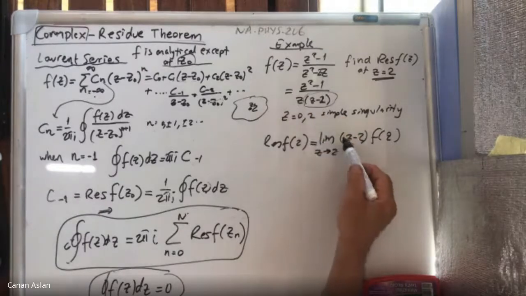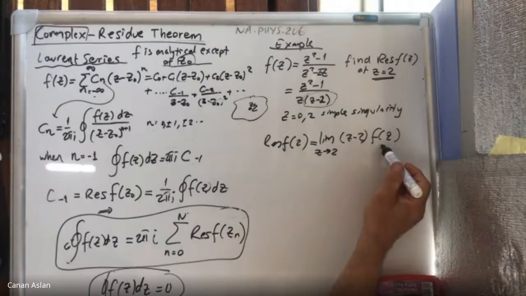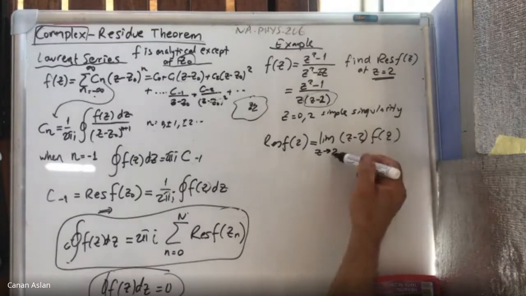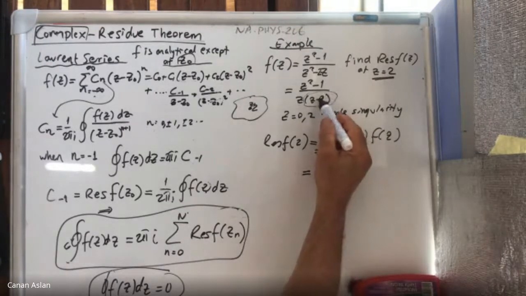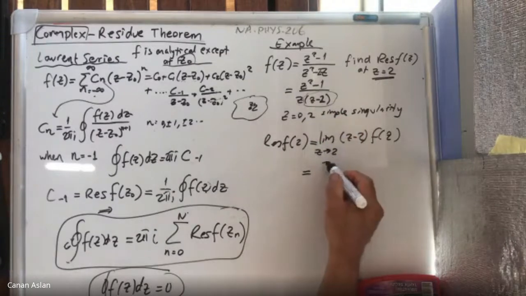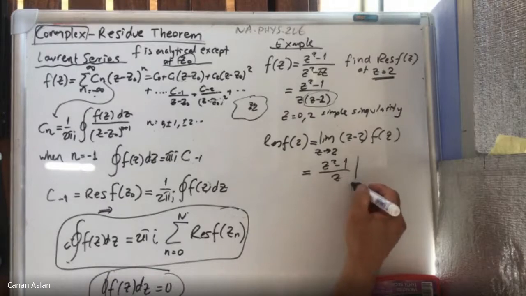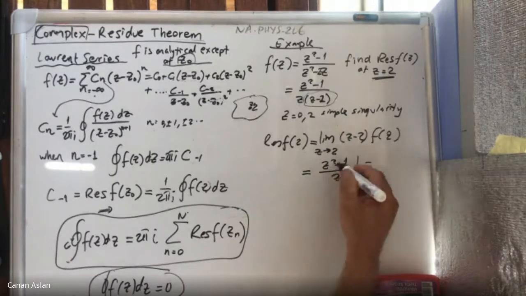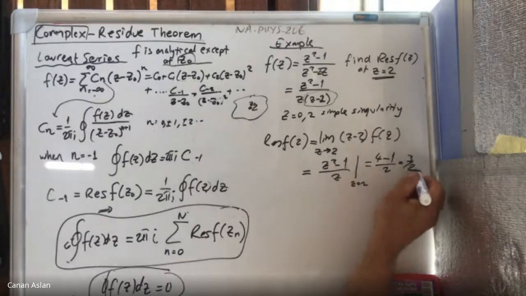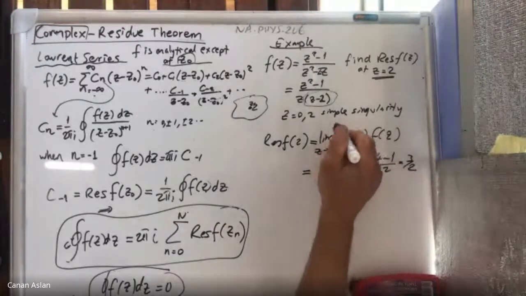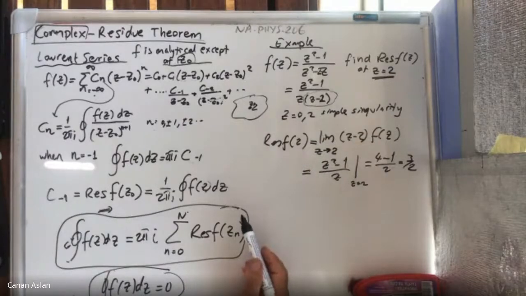So we multiply the function by that and then just evaluate at z = 2. If you cancel z - 2 from the denominator, you get (z² - 1)/z, calculated at z = 2. It gives you (4 - 1)/2, which is 3/2. So the residue of this function at z = 2 is just 3/2.